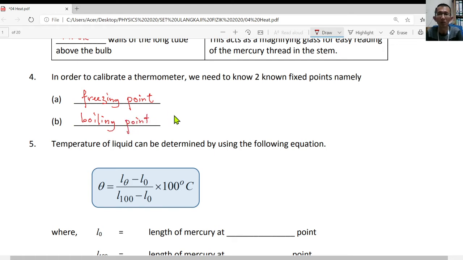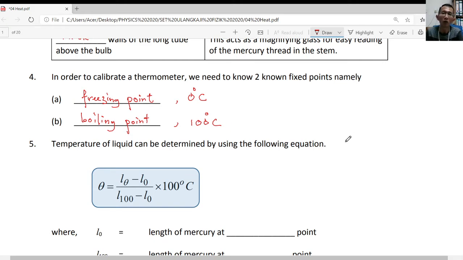Take for example water: the freezing point of water is 0 degrees Celsius, and the boiling point of water is 100 degrees Celsius. These are the two known fixed points, the values that we know.